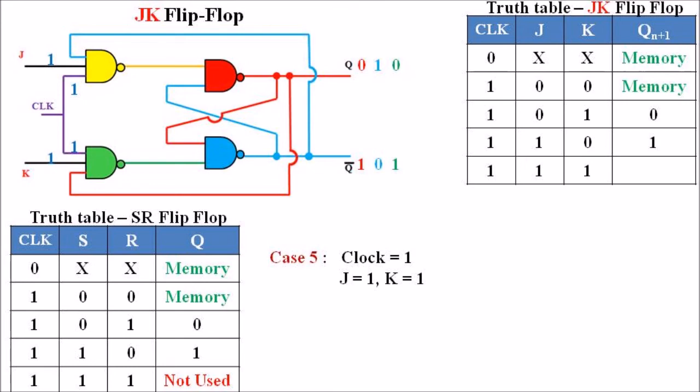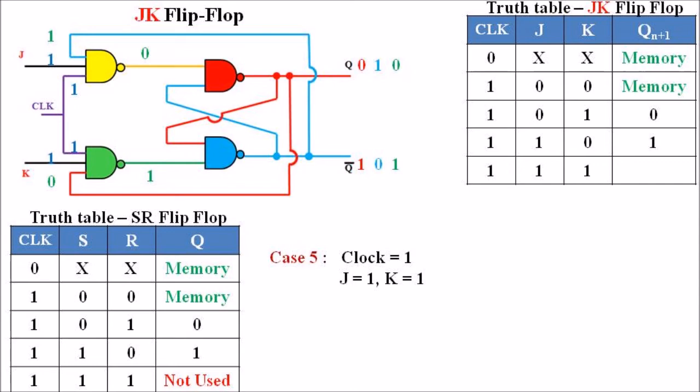And let us consider our next case, where these values are feeding towards the input of the first set of NAND gates, that is, the 0 value is feeding towards the green NAND gate and the 1 value towards the yellow NAND gate. Thus, for the green NAND gate, if any input is 0, then the output will be 1, and for the other NAND gate the inputs are 1, 1, 1, thus the output will be 0.